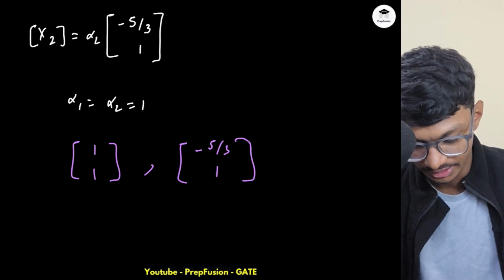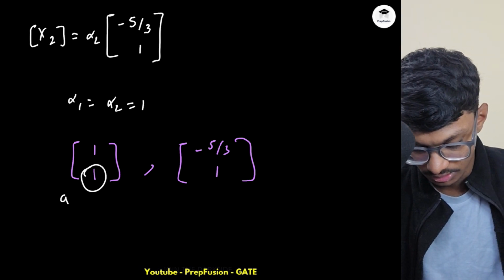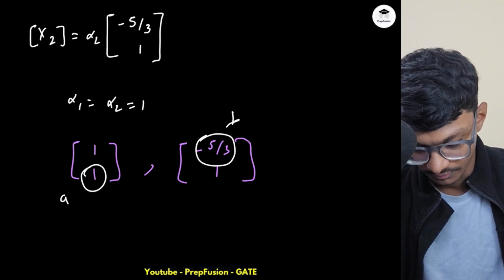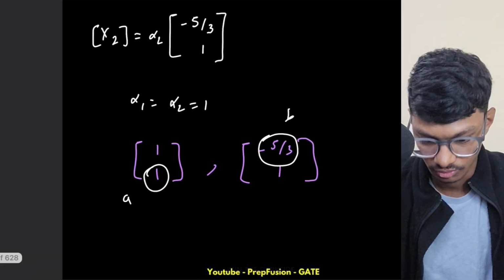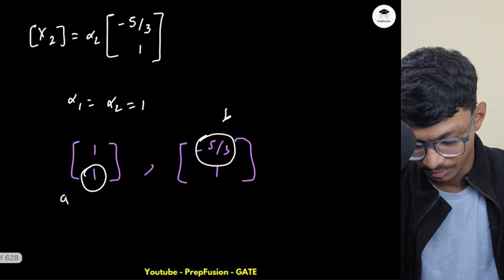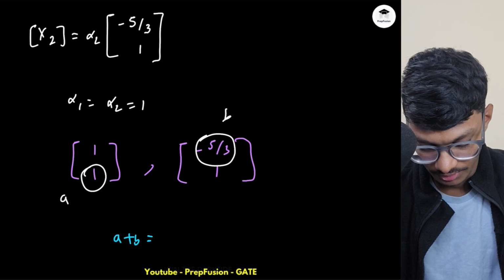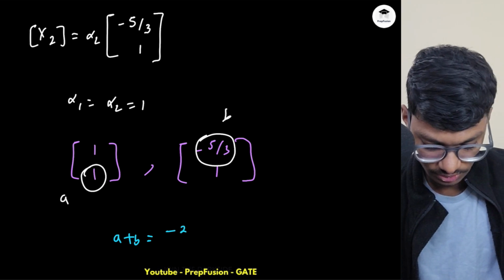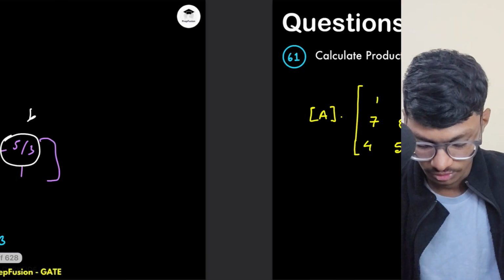So a and b are these, right? So a plus b will be minus 2 by 3. So this is the answer to this question.